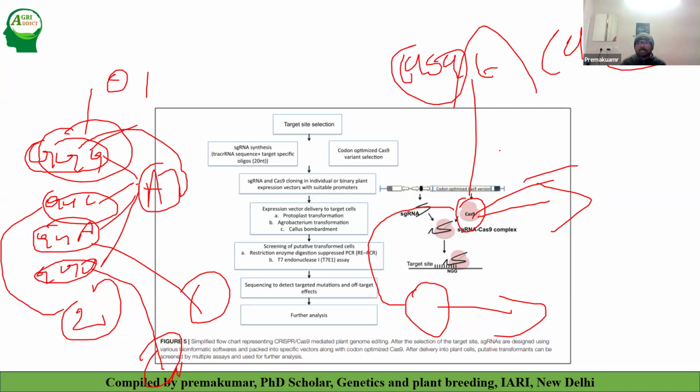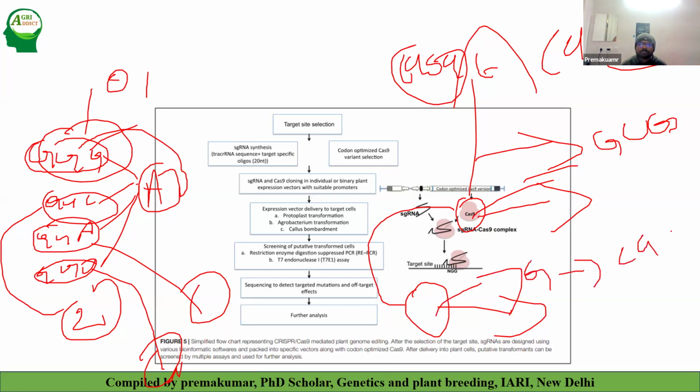Then, what will happen? In some organism, Cas9 is synthesized with a preferred codon, like GUG. But when you bring this Cas9 producing gene into the plant cell, it will definitely prefer another codon to synthesize this Cas9 protein.